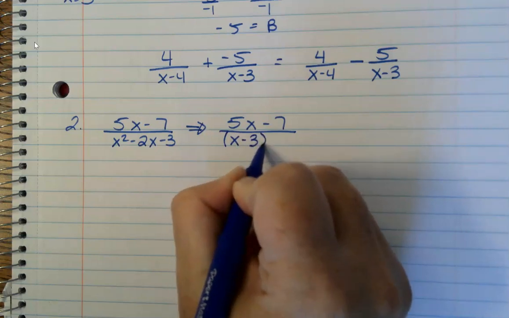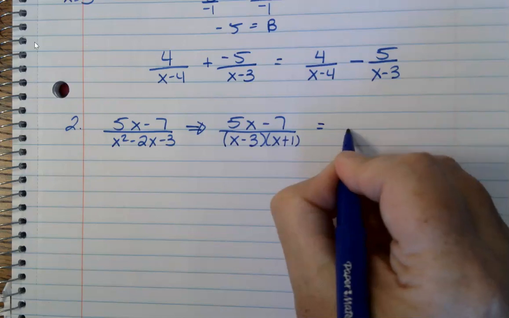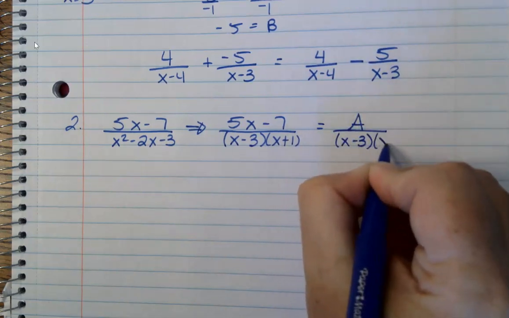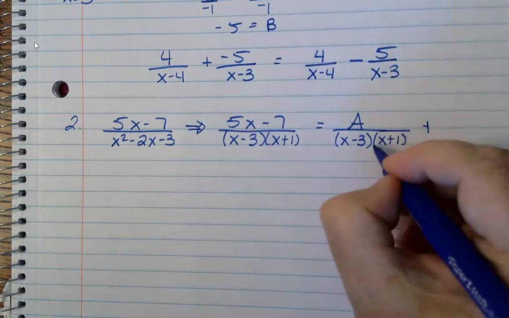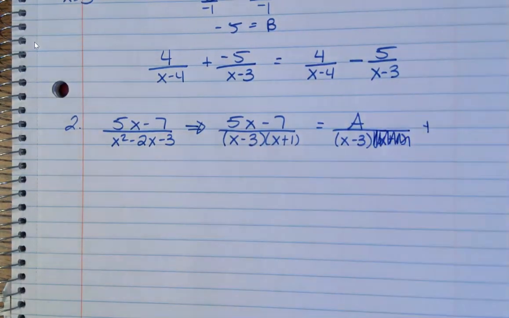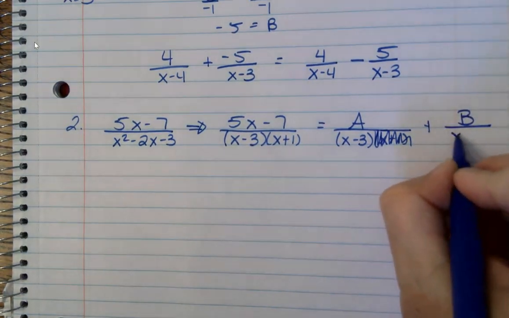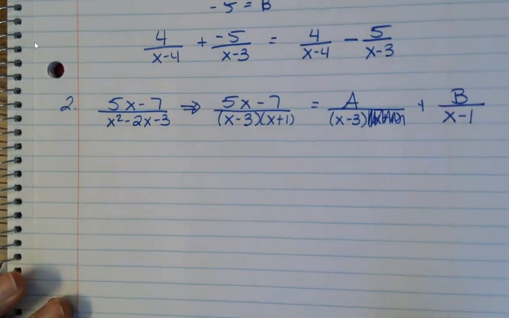So x minus 3 and then x plus 1. And this will be a over x minus 3, plus, wait, whoopsies. A only gets the x minus 3. And then plus b over x plus 1.